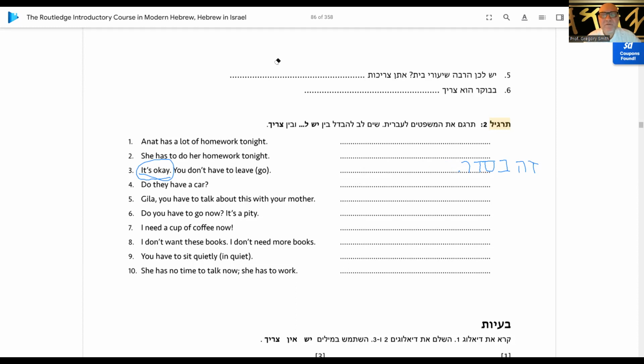So we use ata for you. Lo, you know, and then the word, we're going to use this word here, zarich. Okay, zarich, and then laleket is just like going somewhere.